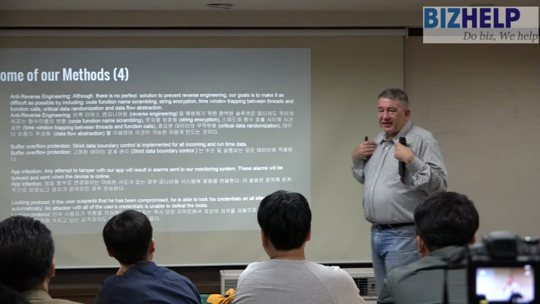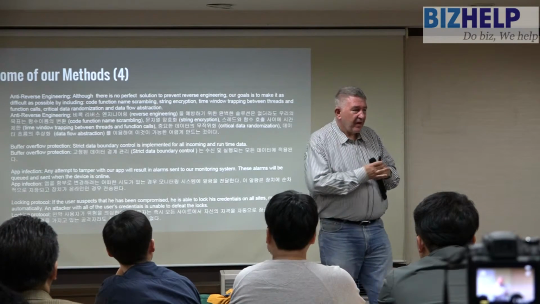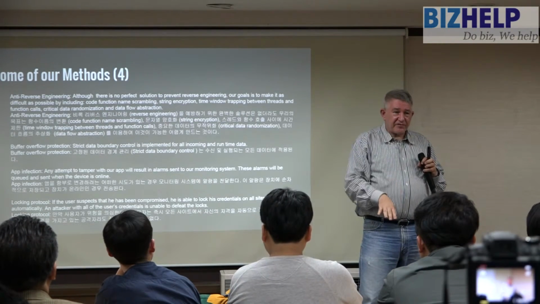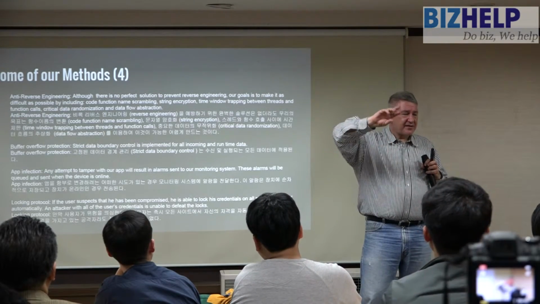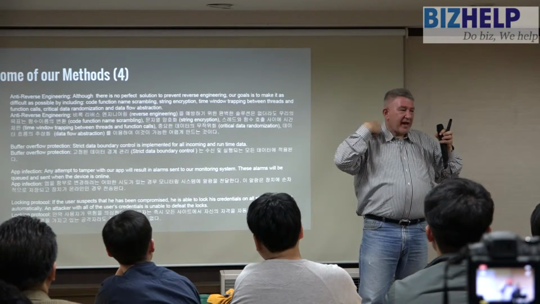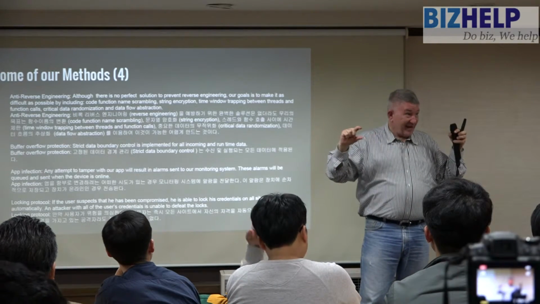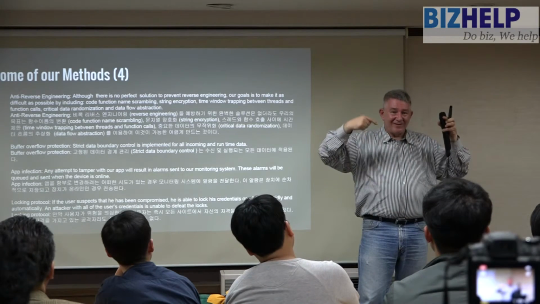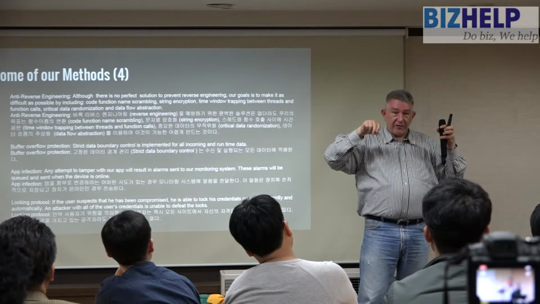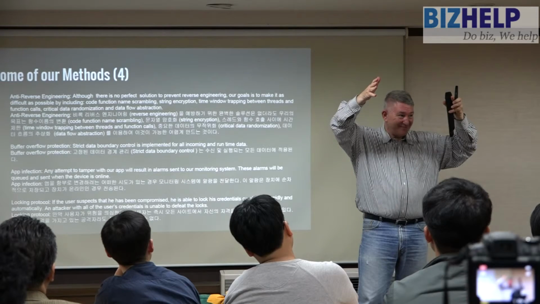So what we do is, before compiling, we take every string in there and make an encryption key, and we XOR the real string with the encryption key and store that.